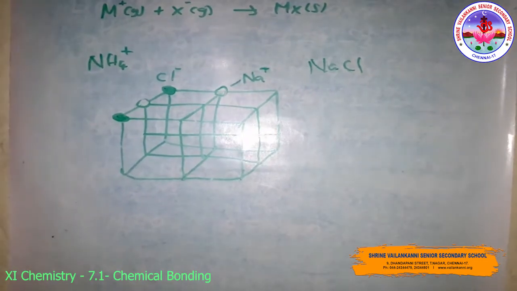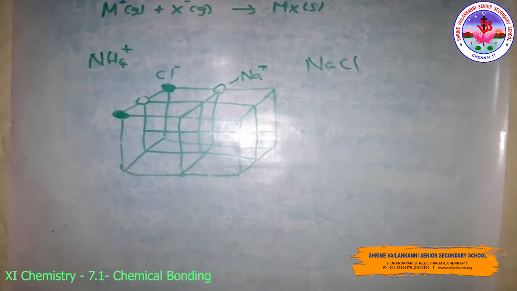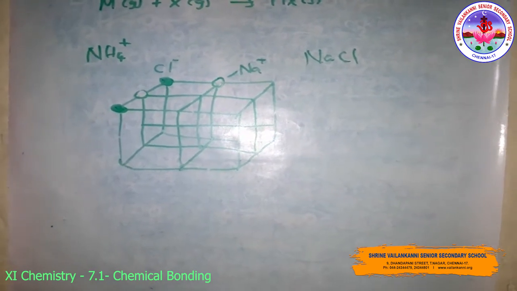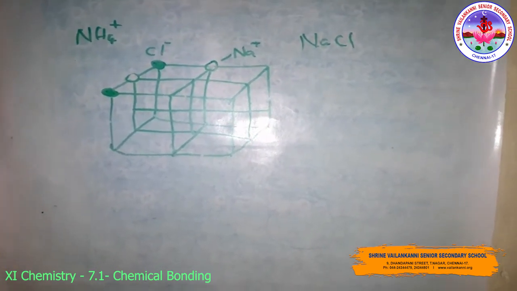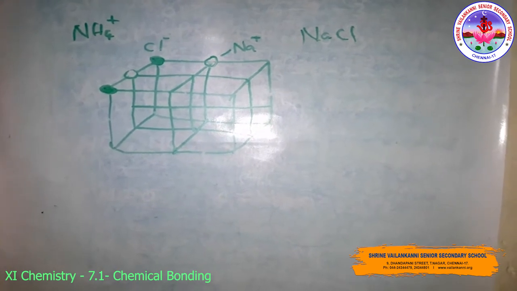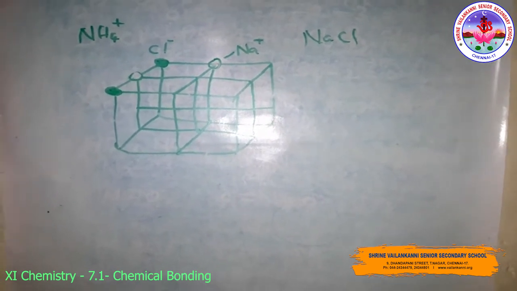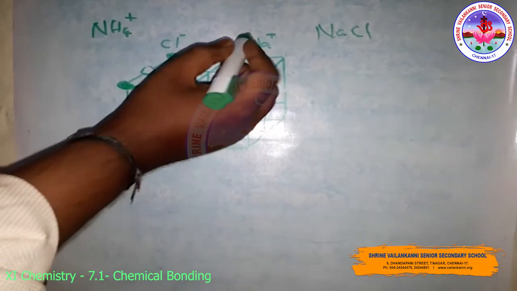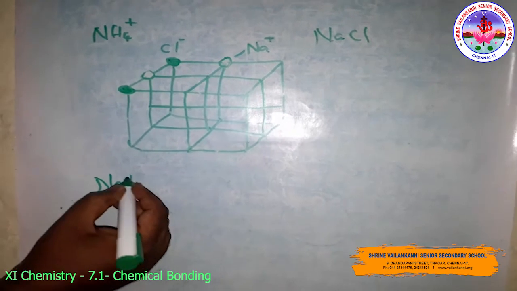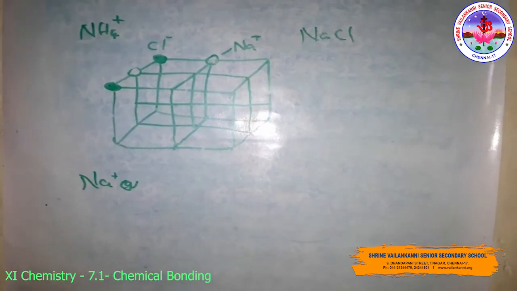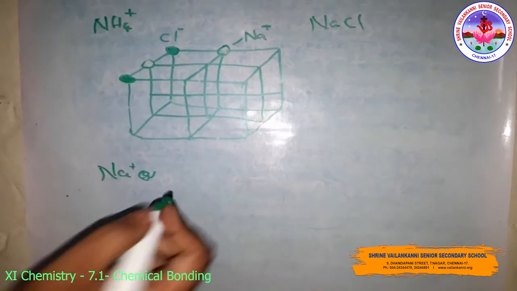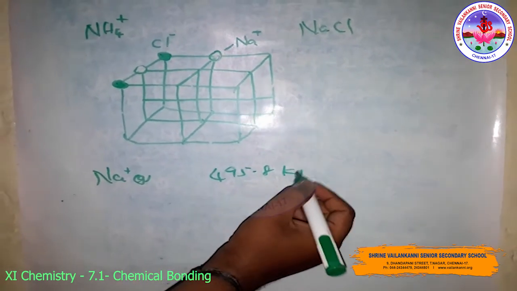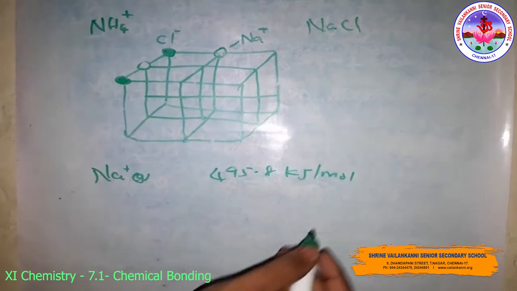Okay. So in an ionic solid, the sum of the electron gain enthalpy and ionization enthalpy may be positive, but still the crystal structure gets stabilized due to the energy released in the formation of the crystal lattice. Example, the ionization enthalpy for Na to Na plus gas, the formation of sodium ion gas, is 495.8 kilojoule per mole.